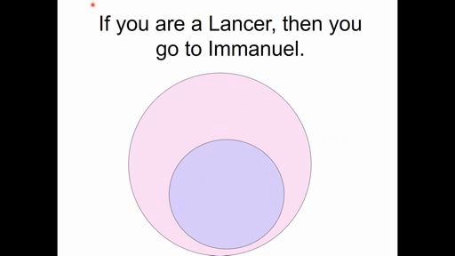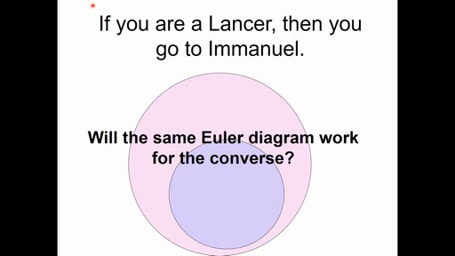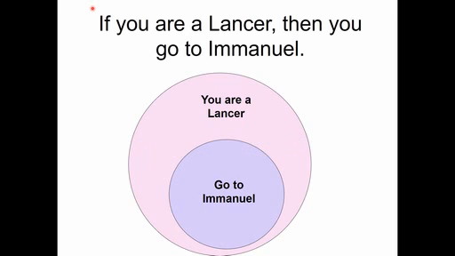Let's do our Euler diagram. Can we use the Euler diagram we used before, which looked like this? If you go to Emmanuel, then you are a Lancer. Will this work? If you are a Lancer, well, I could put an X right here. And yes, I'm a Lancer, but I'm not at Emmanuel, am I? Is that a possibility? Well, sure, Manitowoc Lutheran, they are the Lancers.